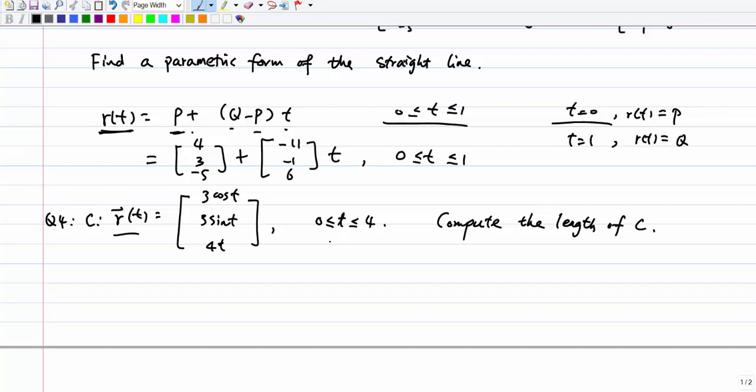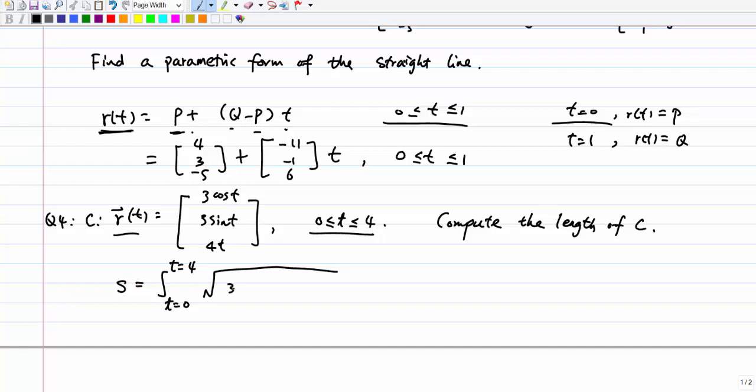So the length of the curve, if I use S to represent it, is given by the integral with t from 0 to 4 of the square root of the sum of the squares of the derivatives of each component.